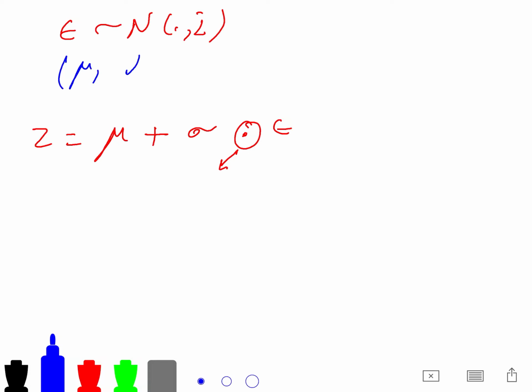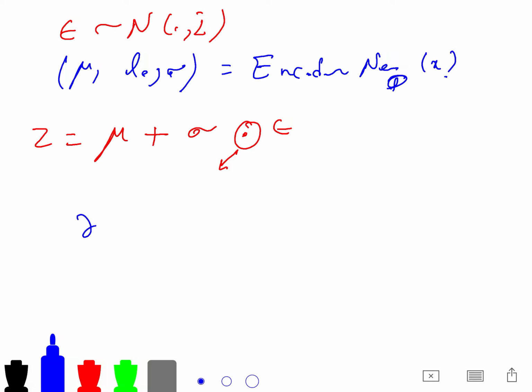The model you should learn gives mu and sigma, and this tuple is the output of the encoder neural network with parameters phi, given x. In any transformation, what you care about is the Jacobian of that transformation. For example, here the Jacobian of the transformation from epsilon to z is diagonal, which is very simple: it becomes the diagonal of sigma.